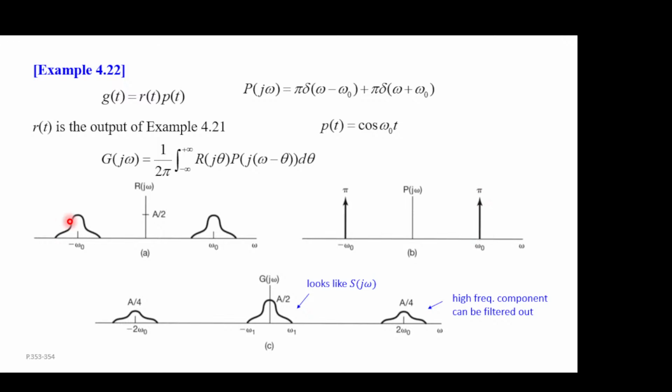This peak is going to shift all those things by plus omega naught, so it's going to give something back at around 0 and something at 2 omega naught. And this peak will do the reverse, shifting things to minus omega naught. So we shift this peak also to 0, and this peak to minus 2 omega naught.